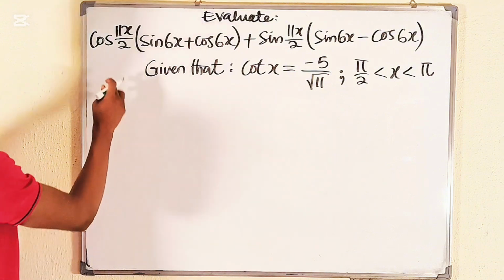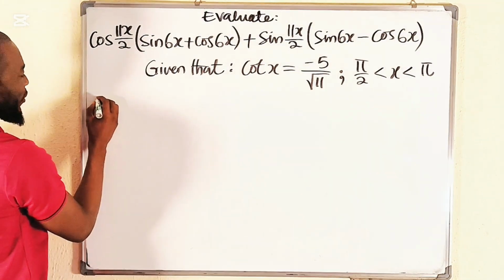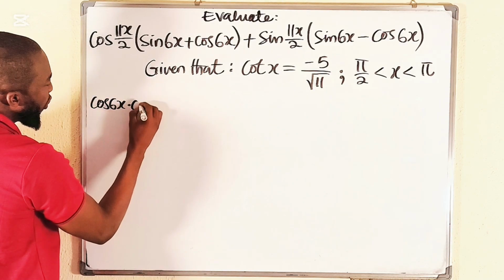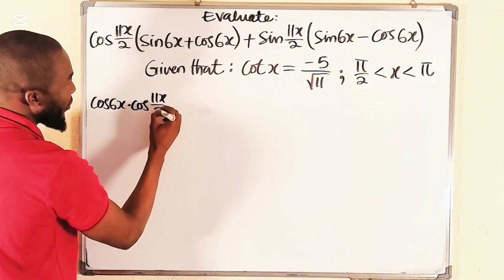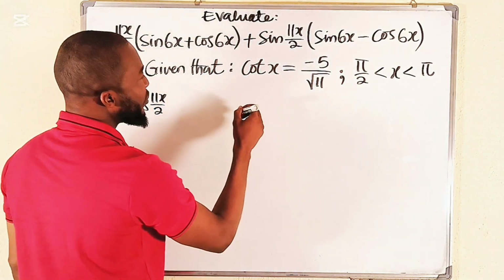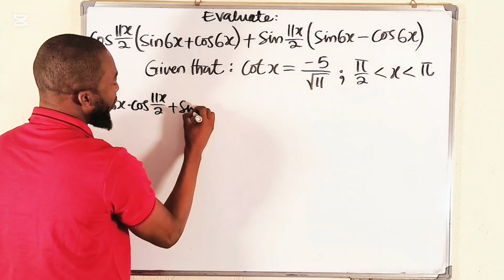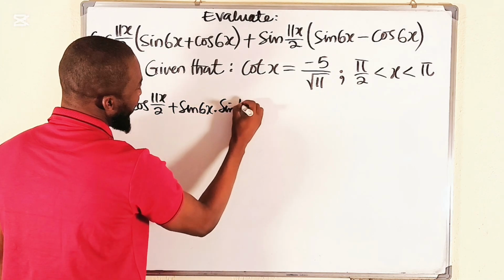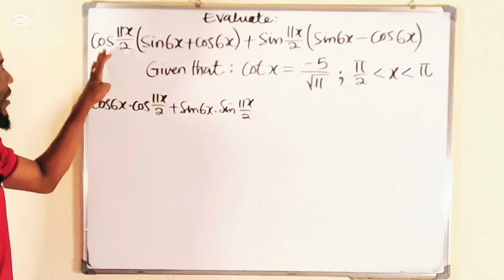If I take this and multiply by this, that will give us cosine of 6x multiplied by cosine of 11x divided by 2. Then I would like to bring this with sine, sine, plus sine of 6x multiplied by sine of 11x divided by 2.